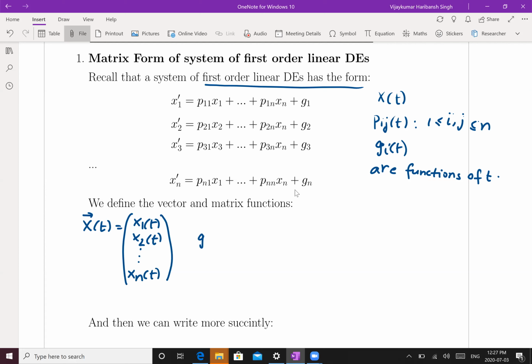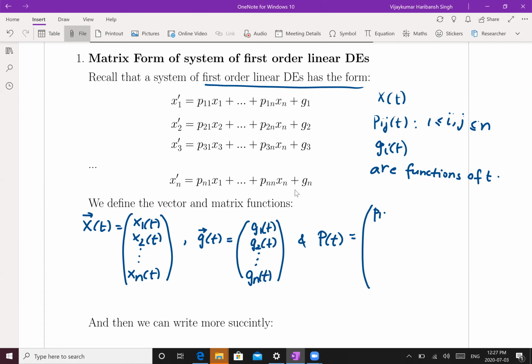Let's call the vector g of t to be g1, and so on, and the matrix P of t to be P11 of t, P1n of t, P2n of t, and so on.